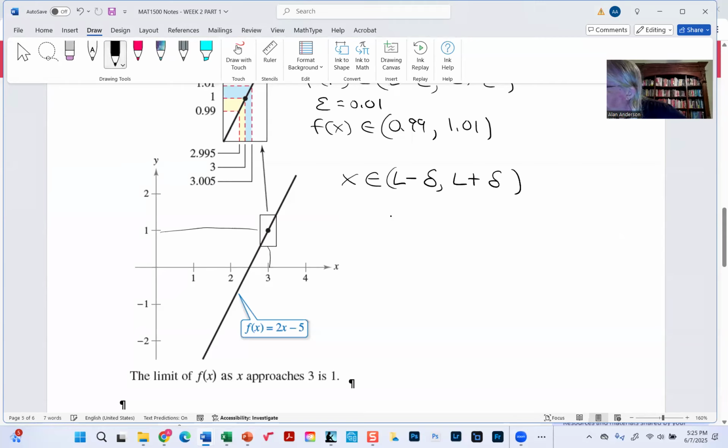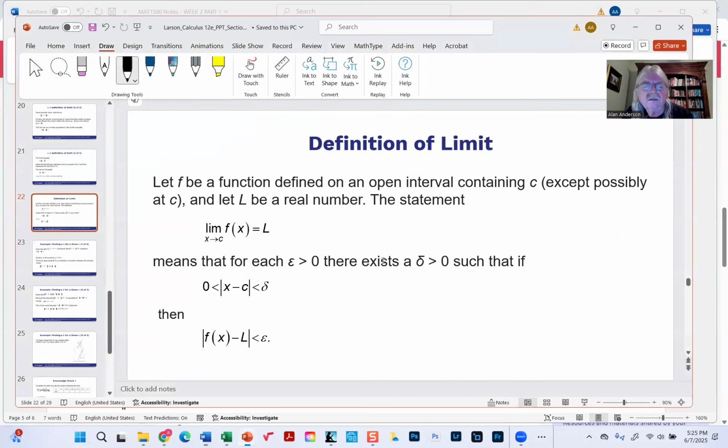And we've already shown that L is 1. So what they're basically saying is we should be able to identify some delta for which this is always true.